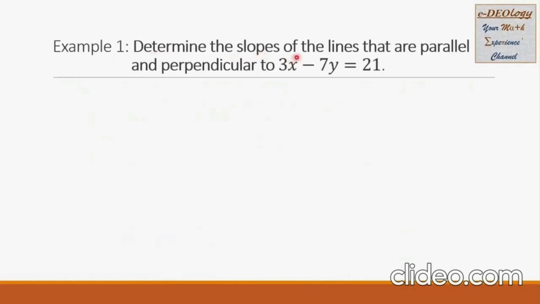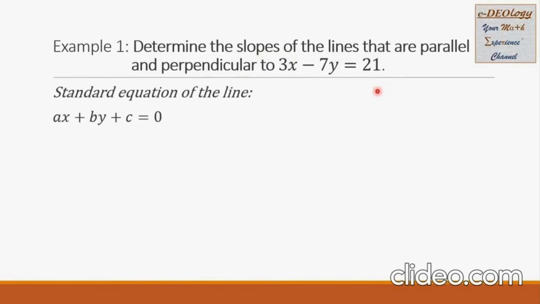Determine the slopes of the lines that are parallel and perpendicular to the line 3x minus 7y equals 21. We have our standard equation of the line, ax plus by plus c equals 0.